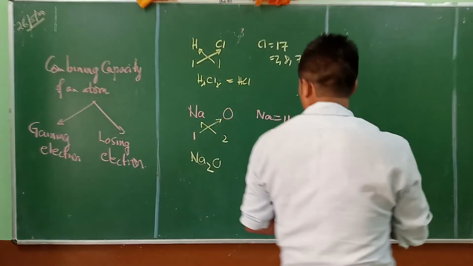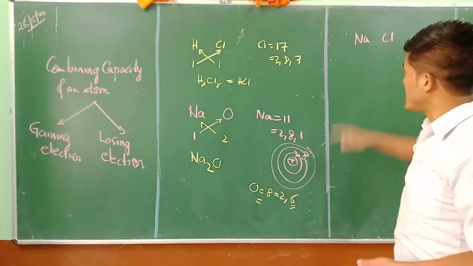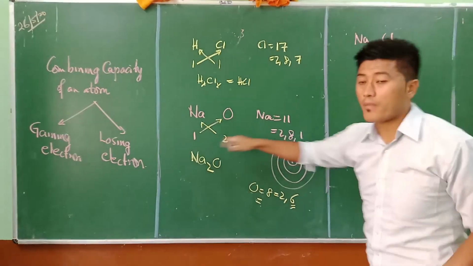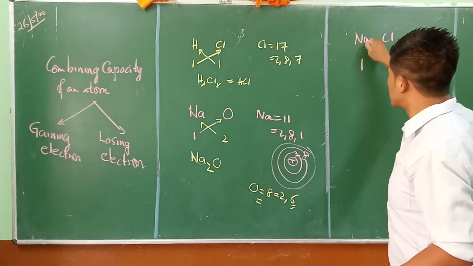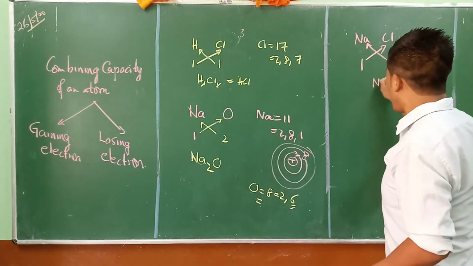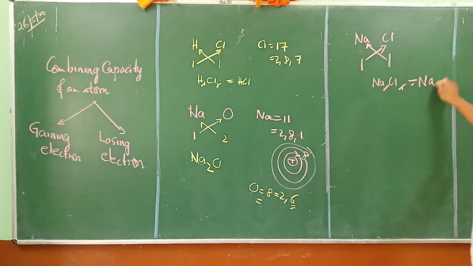I'll take one more example here, that is the case of sodium chloride, NaCl. Again, the valency of sodium is 1 and the valency of chlorine is 1, and we multiply straight away. We get Na1 and Cl1. This we can cancel, and we will get NaCl. Is that clear?